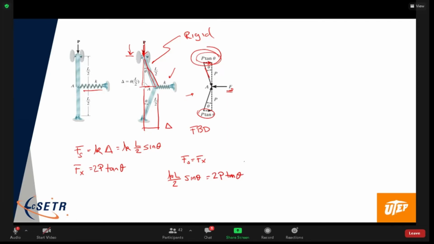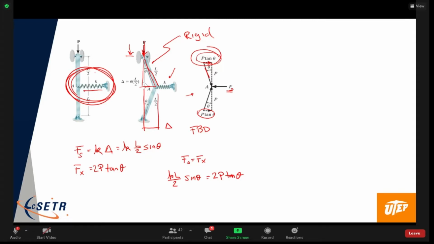Now, if we consider small angles, because for most structures this is a small angle. And the concept of this spring, I should mention, is really a simplified model of the fact that the beam or the column has a transverse stiffness, like the stiffness due to bending. Does that make sense? It's just an easier way to deal with it mathematically.